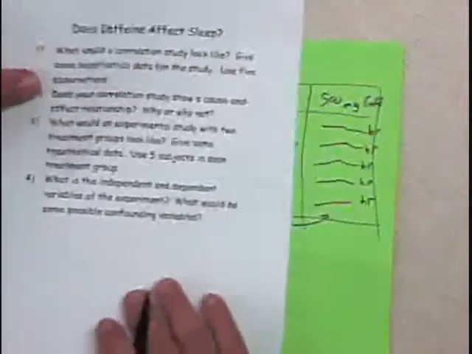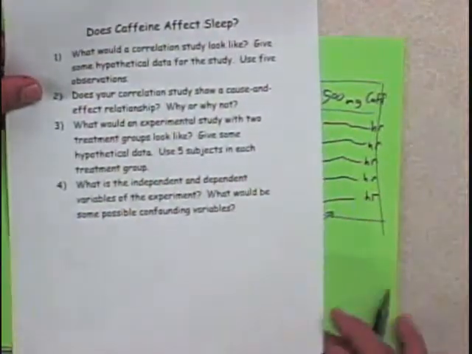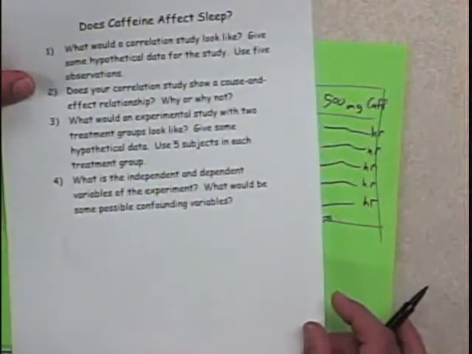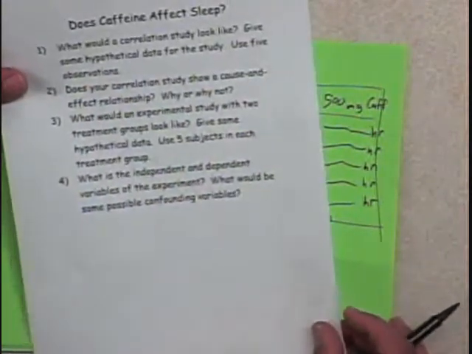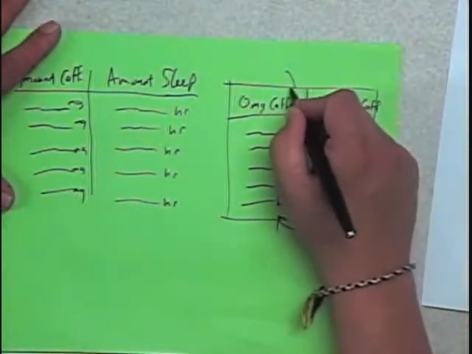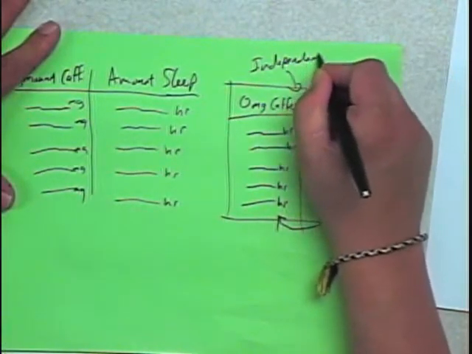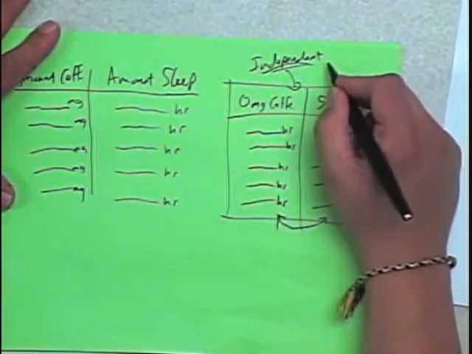So now it says here, what are the independent and dependent variables of the experiment? What would be some possible confounding variables? So the independent variable is the amount of caffeine. It's the thing I want to show as the cause.